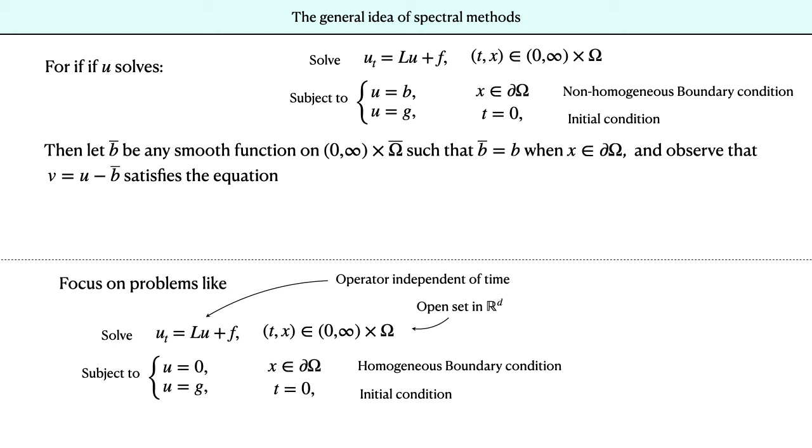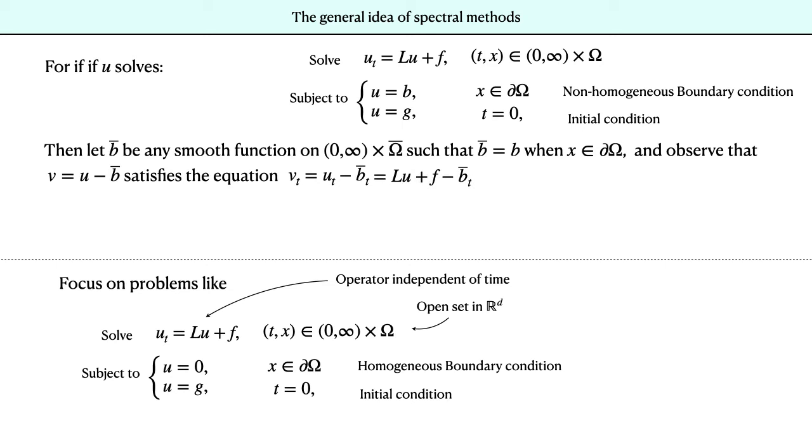Now if you subtract this b bar from the solution u, much like we did previously, you introduce a v, which is the solution slightly shifted. You've subtracted a function. Then what you get is something which satisfies the following equation. You take the t derivative, and it is u_t minus b bar_t. Then u_t you can replace by Lu plus f.